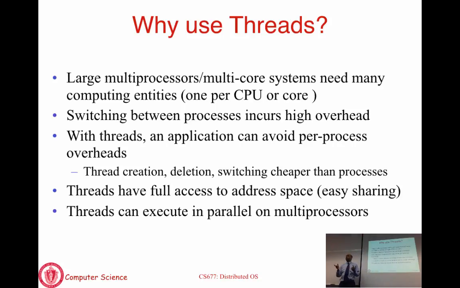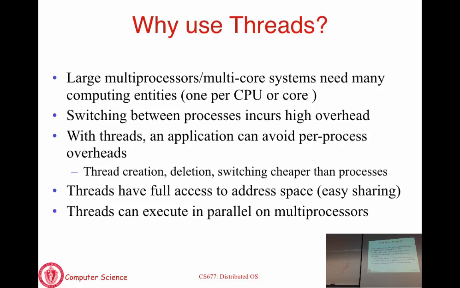Another advantage is if your application is actually distributed. Switching between different processes of the same larger application may incur higher context switch overhead. Switching between threads of a process is much cheaper because they share the same address space. You're simply going to have to save the registers and load new registers. That's much cheaper than switching between processes, where you have to save the entire memory management information like page tables, and then program counters and registers and all these other things have to be saved and restored.